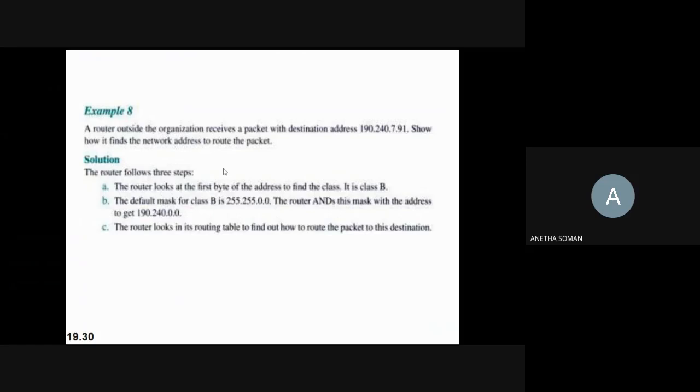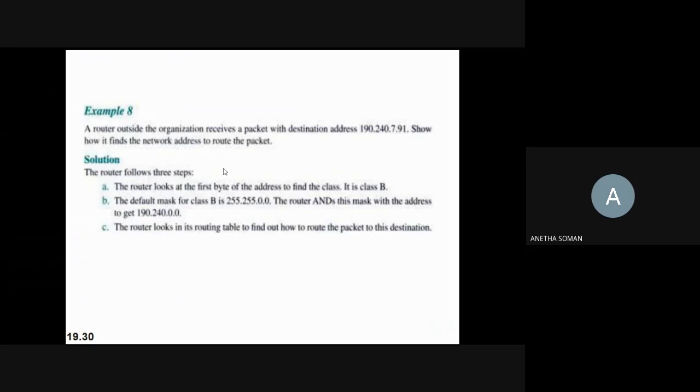Now, how will the router route that packet? In order to do that, the router should follow 3 steps. The first step in any case is to identify which class the address belongs to. Now, tell me, to which class does the address belong?